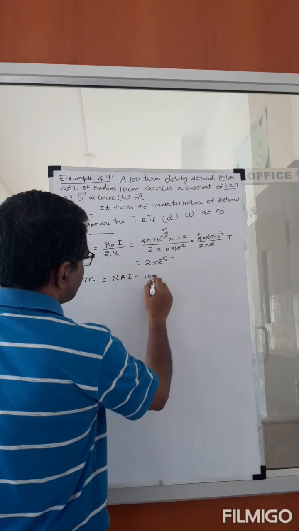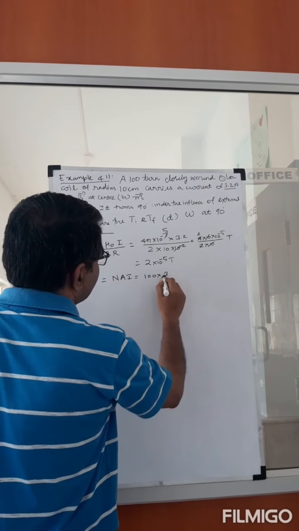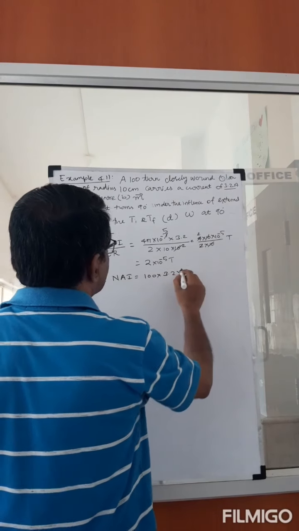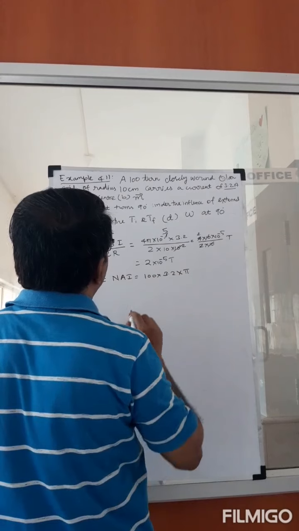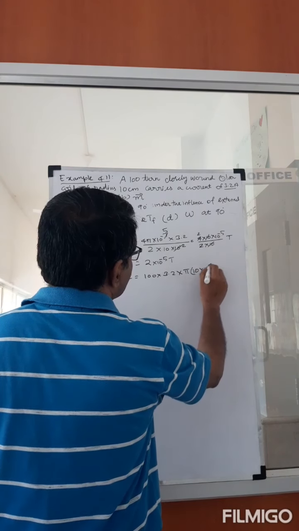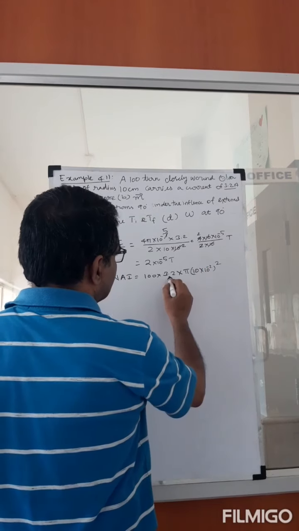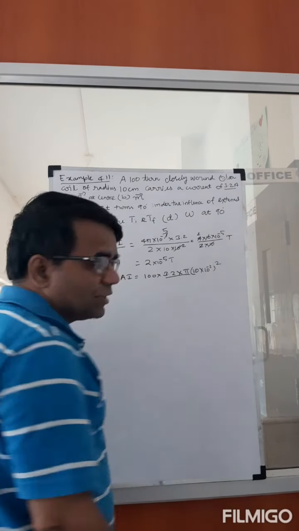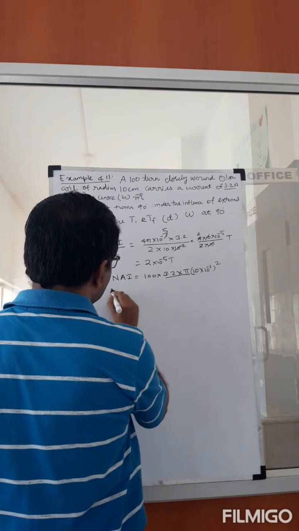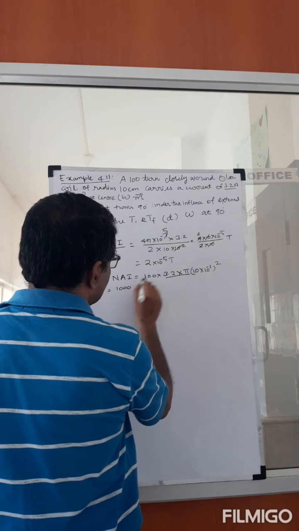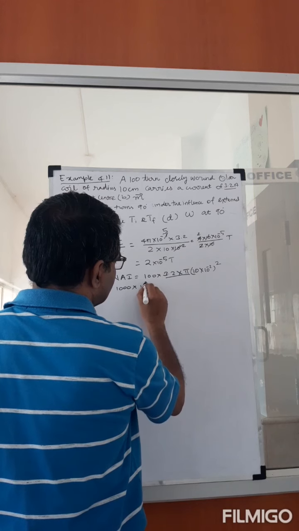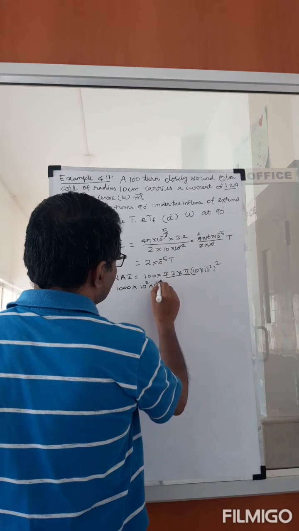N is 100 turns, the current is 3.2 amperes, and the area is pi R squared, where R is 10 into 10 power minus 2, the whole squared. As usual, 3.2 into pi will give you 10. So I'll get 1000 into 10 squared into 10 to the power minus 4.